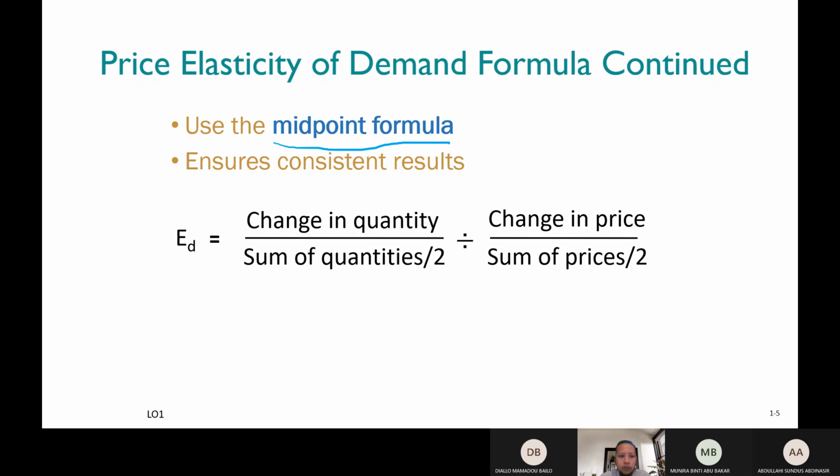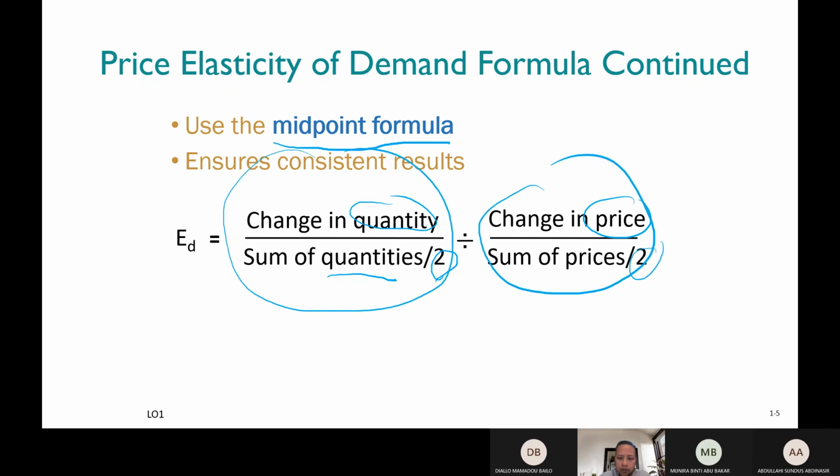The formula looks at the change in quantity over the sum of quantities over 2, and the change in price over the sum of prices over 2, and then you divide the first result by the second to get the measurement.